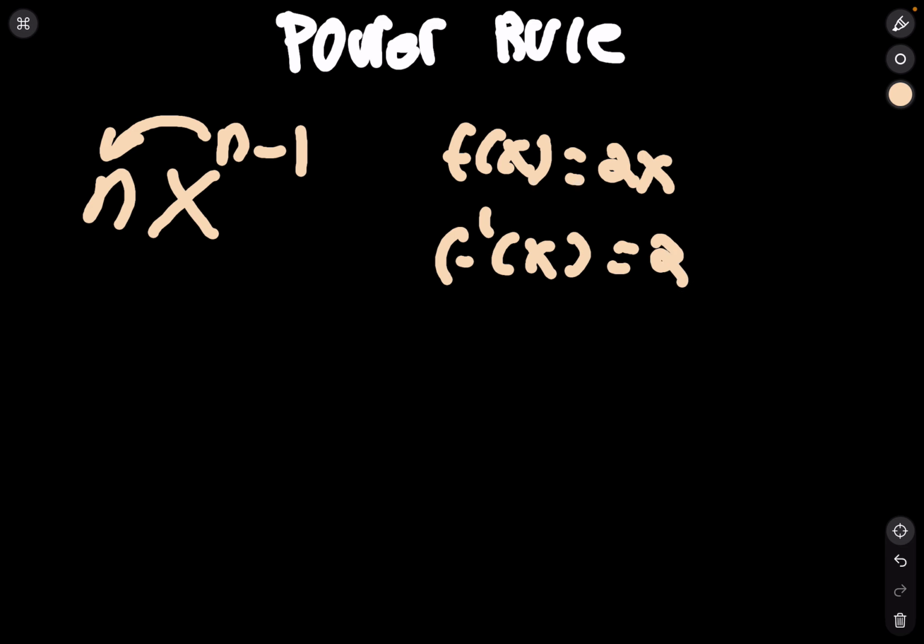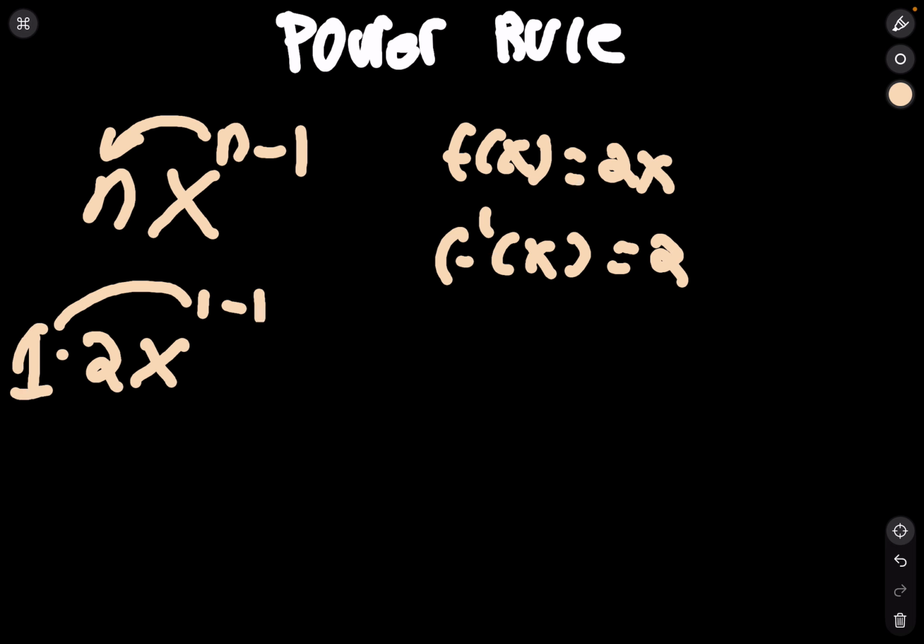Now, if we were to do that through the power rule, all we would have to do is put the 2x here, then put a 1 over it, because technically x to the 1 is just x. Then all you have to do is bring down the 1, multiply it, and then subtract 1. Then you're left with 1 times 2, which is just 2, x to the 0.